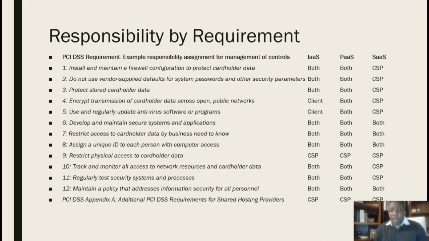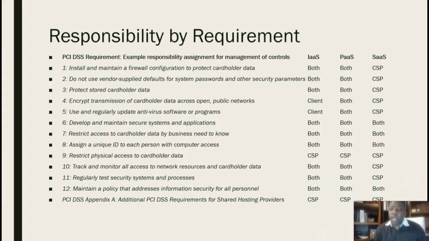So let's look at requirement 4. That's centered around data transmission, right? Encrypt transmission of cardholder data. The transmission of data from a public site to the CSP should be both the responsibility of the client and CSP under PaaS. As you can see, the connection between the two is a shared responsibility under PaaS, but it is solely the client's responsibility under IaaS.